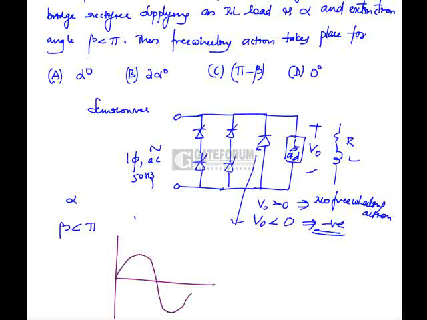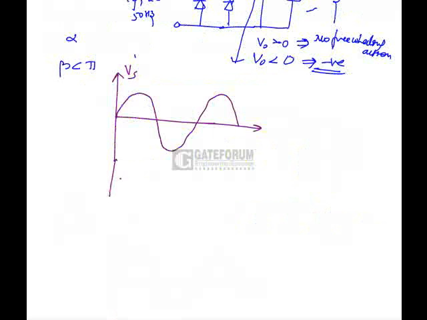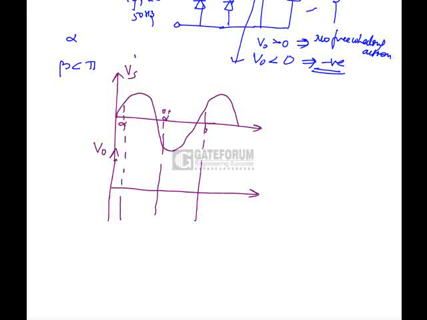This is the input supply voltage Vs. Similarly, what is the V0 waveform? Let us take that this is triggered at alpha in the positive half, this is pi plus alpha, and this one is 2 pi plus alpha. So this is 2 pi, this one is pi.